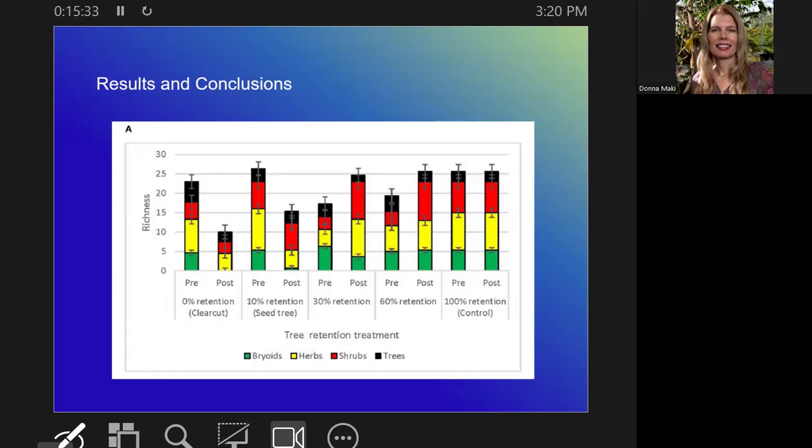Well, even 30%. And look at how it's reversed. 30% pre-post is reversed compared to pre-post here. Kind of interesting.